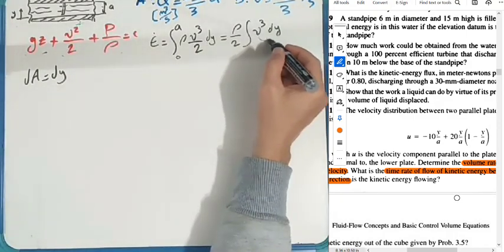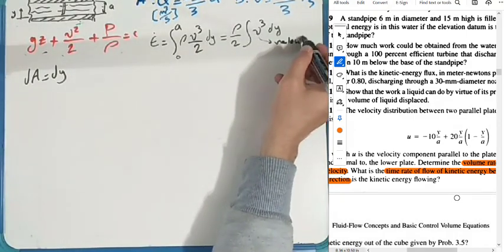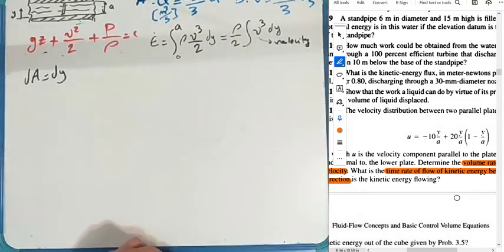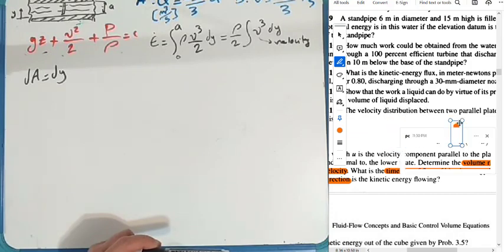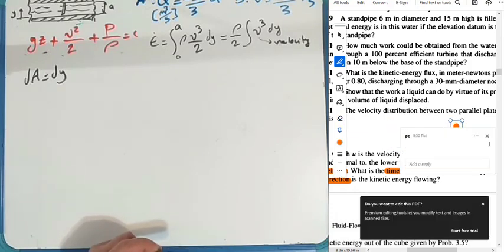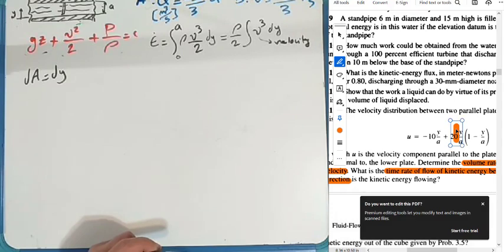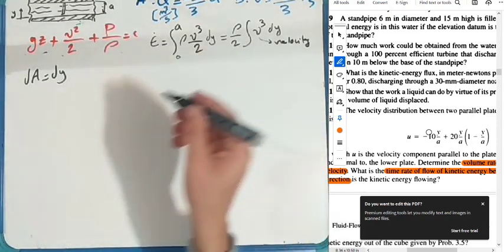Because this is velocity and we have an equation for that, I will put this equation in place of nu cubed.